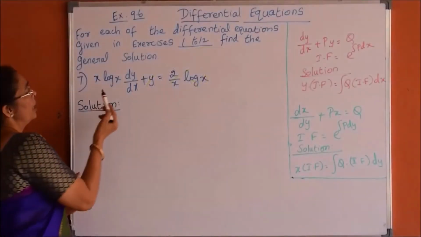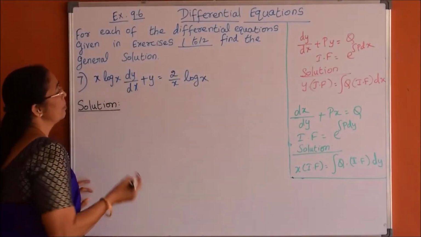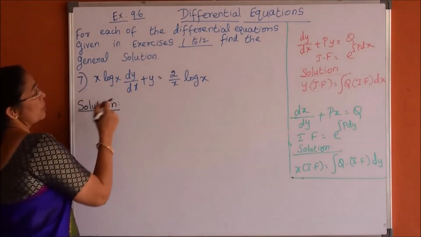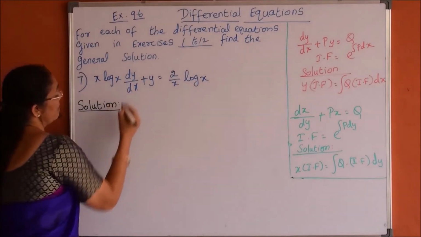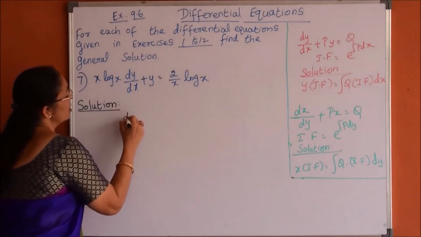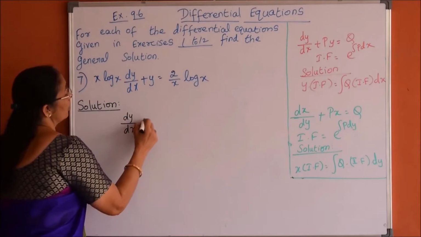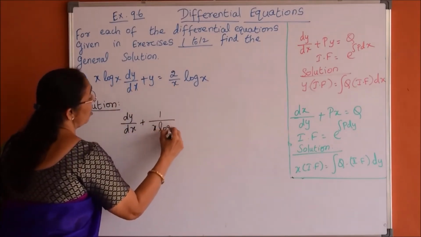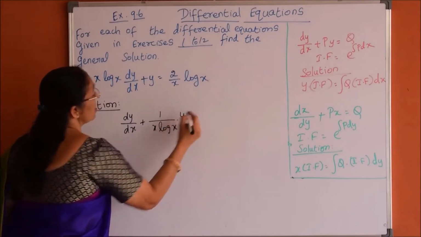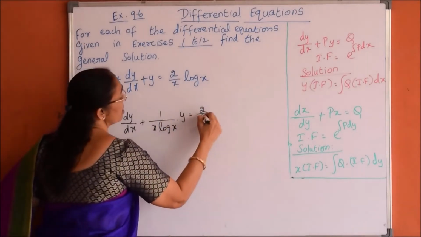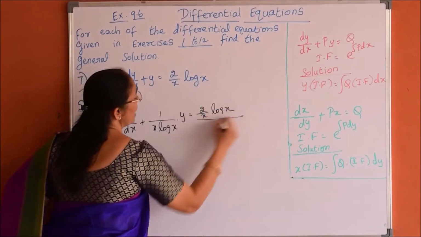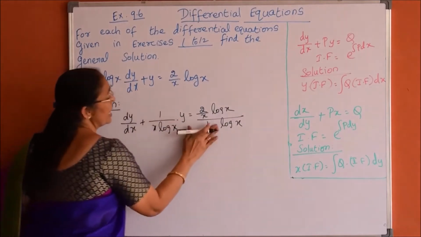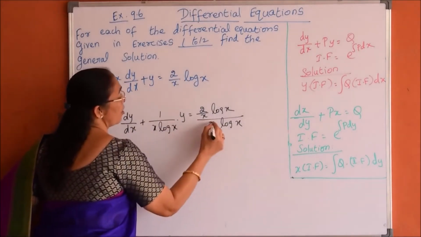Seventh problem: x log x dy by dx plus y is equal to 2 by x square. So we will arrange the terms. We can write this given differential equation as dy by dx plus, dividing throughout by x log x, 1 by x log x into y is equal to 2 by x square, that is, 2 by x square log x divided by x log x.